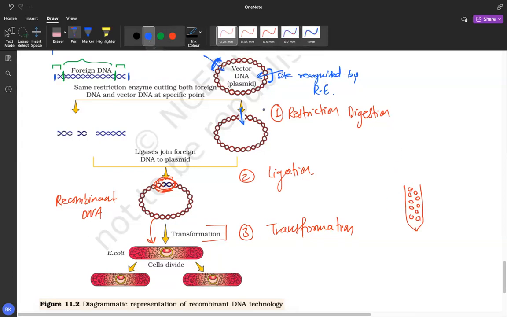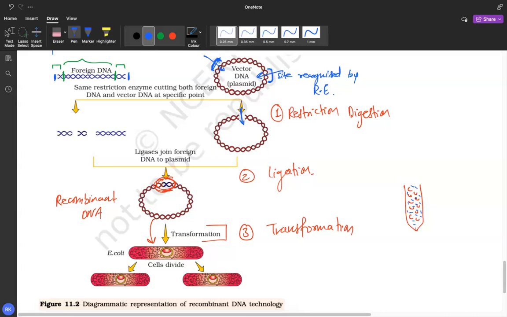So, let me make it back again. See, all of them are back. And along with these cut plasmids, we also put our fragments that we want to ligate with the plasmids. Make sense?